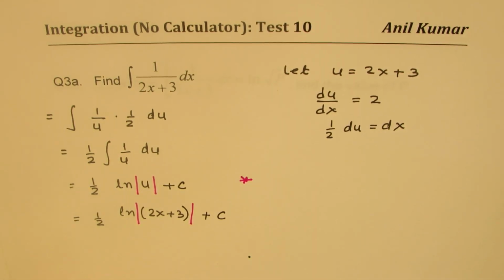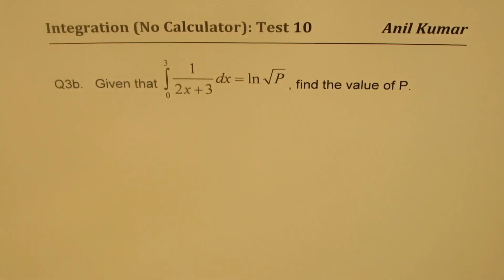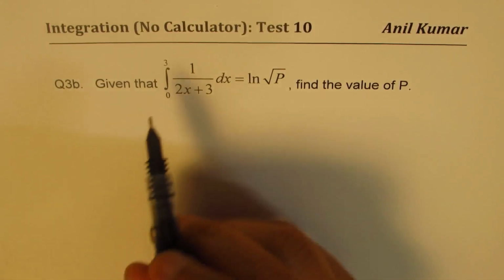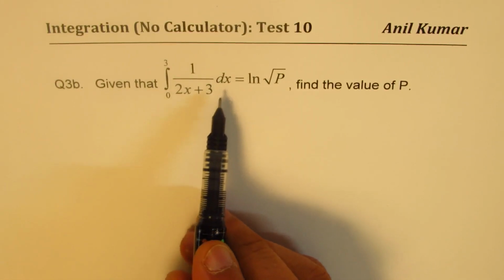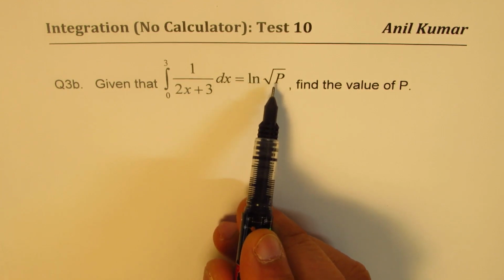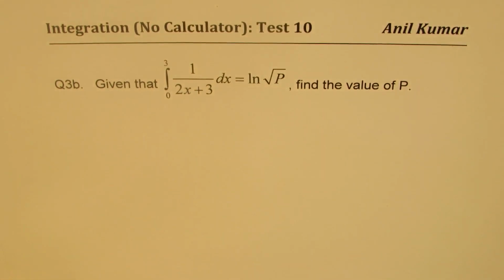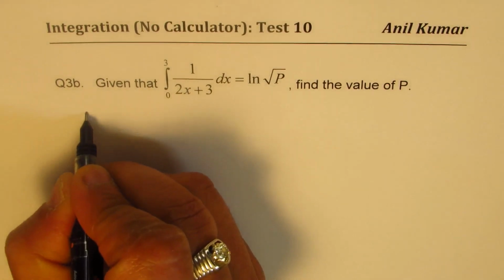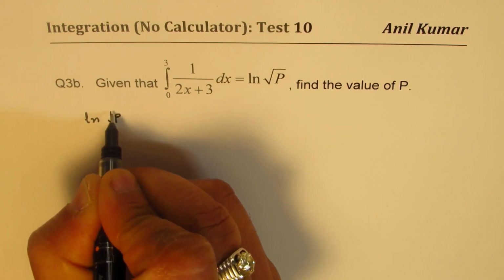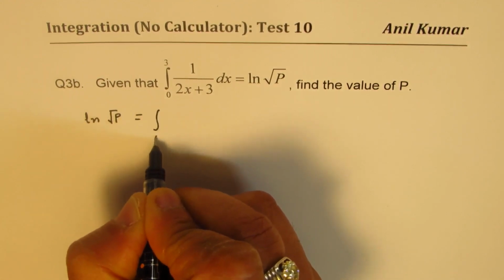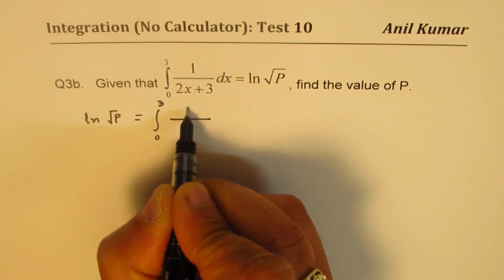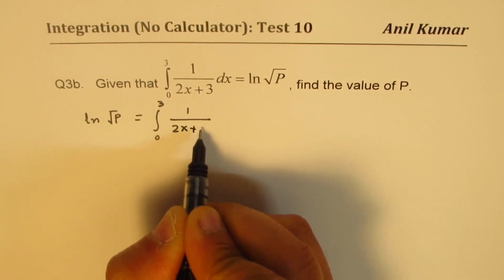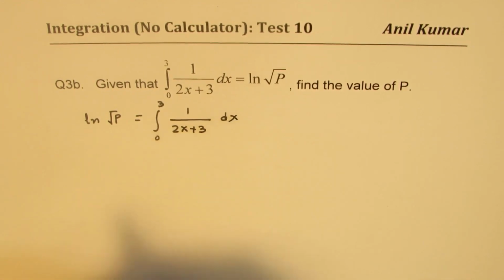We're going to use this to solve part B, which is, given that the definite integral from 0 to 3 of 1 over 2x plus 3 dx is ln square root p, find the value of p, right? So we can write this as ln square root p is now given to us as equal to the definite integral from 0 to 3 of 1 over 2x plus 3 dx.